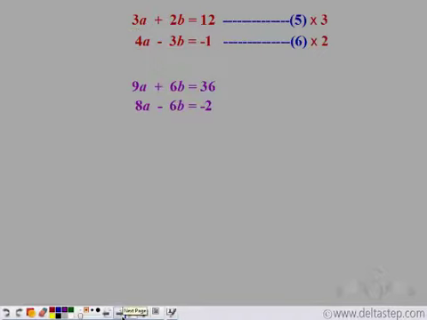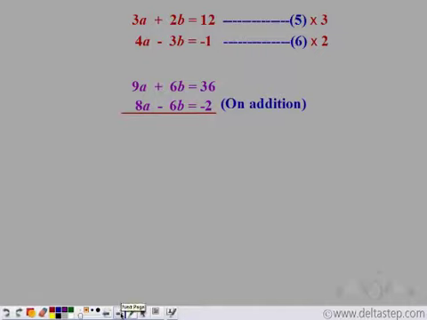Now the numerical part of b is the same in both the equations, but the signs are opposite. That is, we have a plus here, we have minus here. So we have different signs. When we have different signs, we add the two equations.